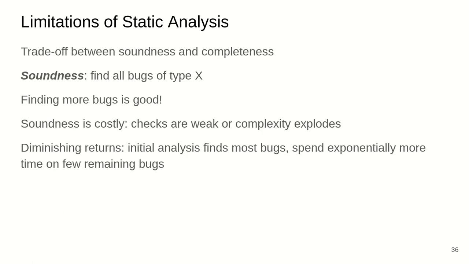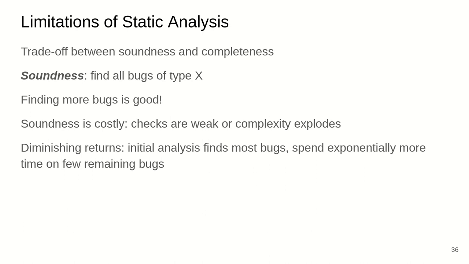Now, static analysis comes with limitations. There's this inherent trade-off between soundness and completeness. Soundness would mean you find all bugs of type X, and finding more bugs is good, but also soundness is costly because checks are weak, or the complexity could explode due to the program state space that needs to be explored.